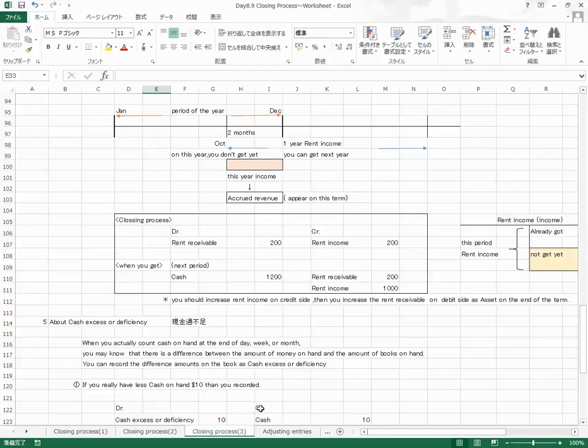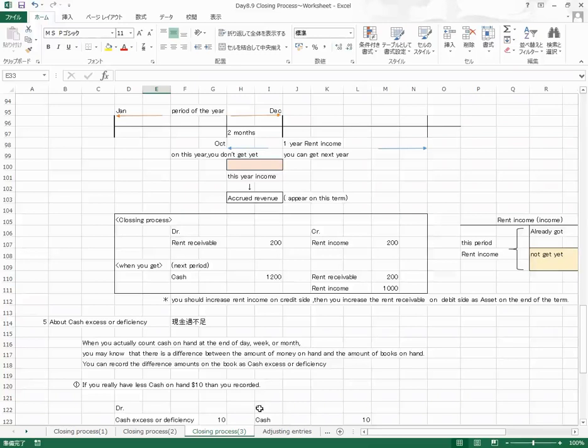When you make journal entries and calculate them to the T account for, say, one week, そうキャッシュバランスが出てくるわけですよね。But in real you have cash, and in some cases it appears that cash is bigger than cash in the books, or cash is smaller than cash in the books. How do you deal with it?